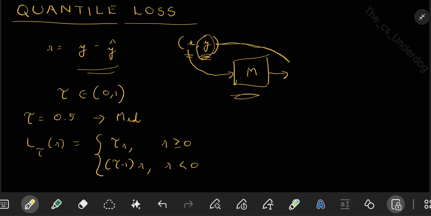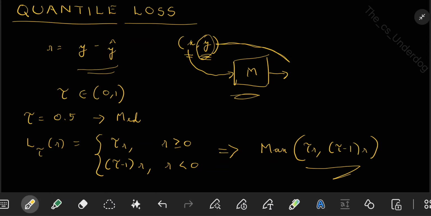This is one way of expressing it. Whenever the residual r is greater than or equal to 0, the residual is positive, then you use tau into r. Whenever it is negative, you use tau minus 1 into r. There is another way of representing the same thing: it is simply the maximum among tau into r and tau minus 1 into r.